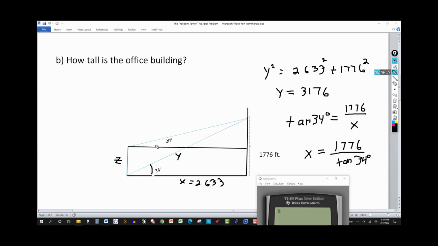Now the next thing we need then is how tall is the office building. That would be z. So now we're going to go to the other triangle. We know by the diagram here that this angle right here is 90 degrees. This angle right here is 20 degrees. So this whole angle for this triangle in blue here is 110.